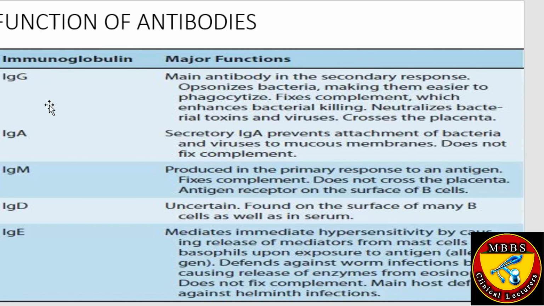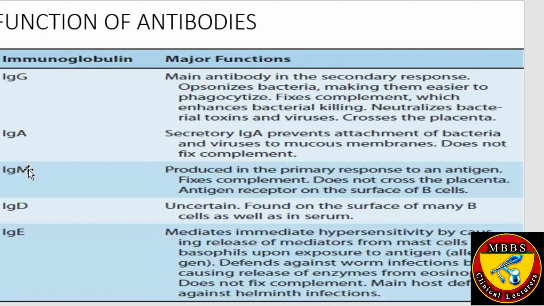It is divalent, meaning that it has 2 identical antigen binding sites. Now, IgA is the main immunoglobulin in secretions like colostrum, saliva, tears, and respiratory and intestinal secretions. Basically, IgA prevents the attachment of bacteria and viruses to the mucous membrane.